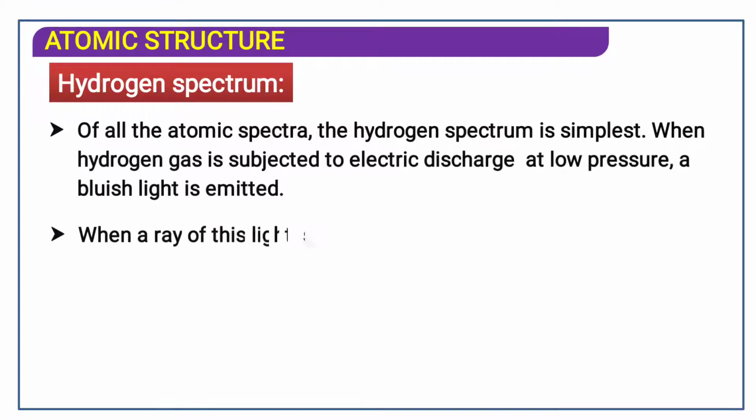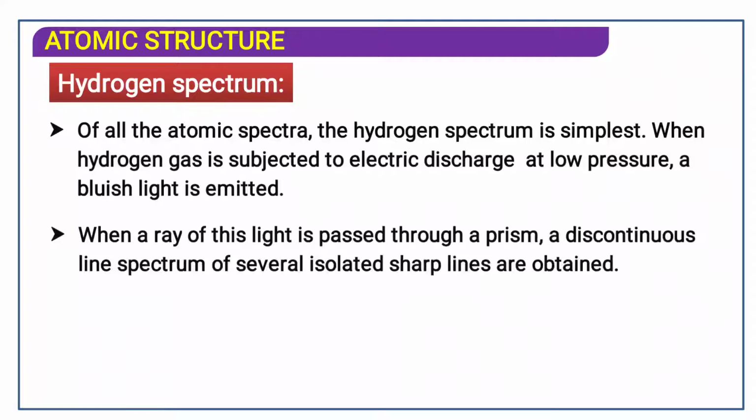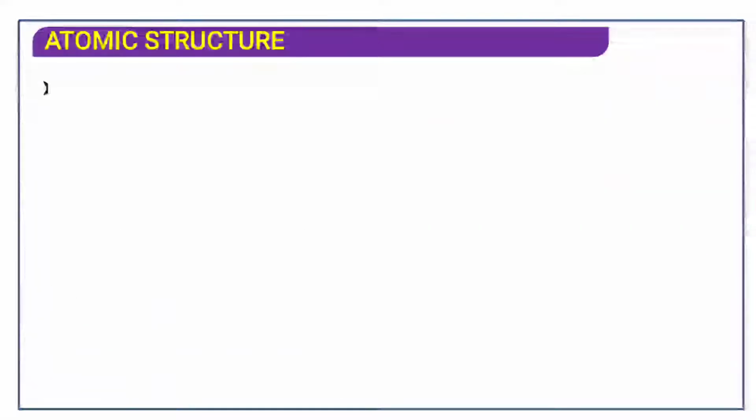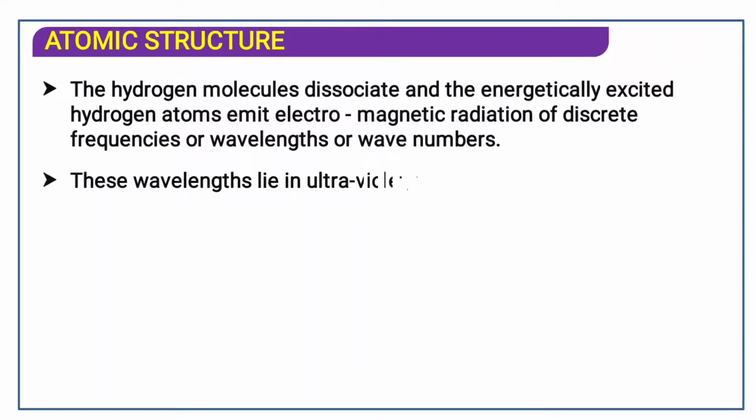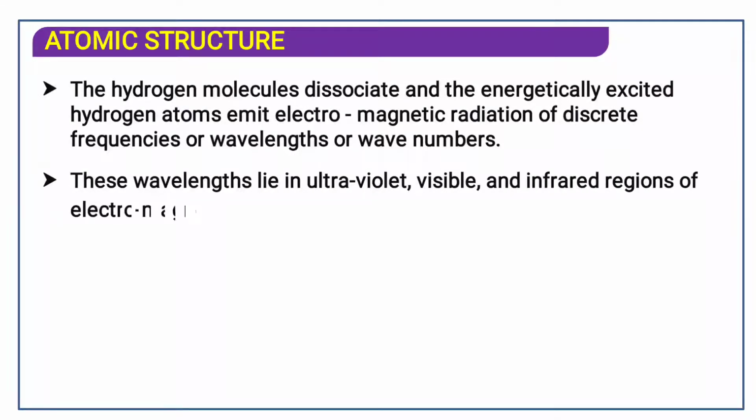Remember carefully, the spectrum is discontinuous. The hydrogen molecule dissociates, and an electrically excited hydrogen atom emits electromagnetic radiation of discrete frequency or wavelength or wave number, you know very well.